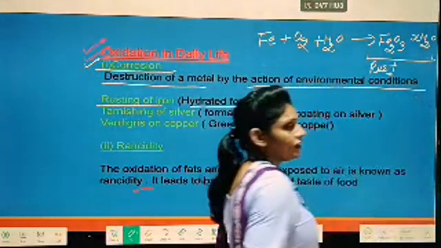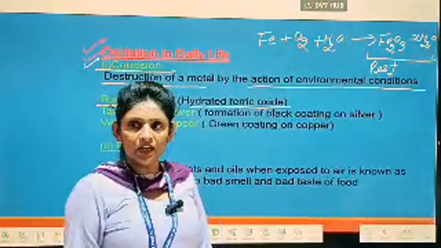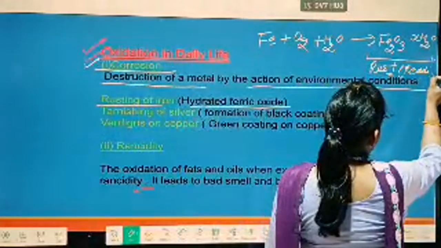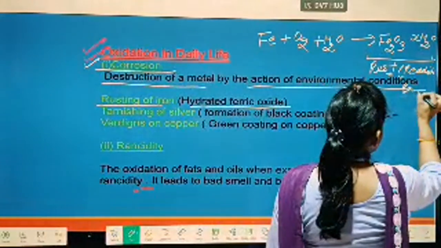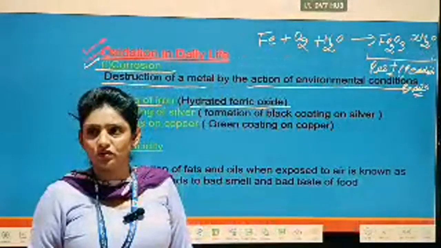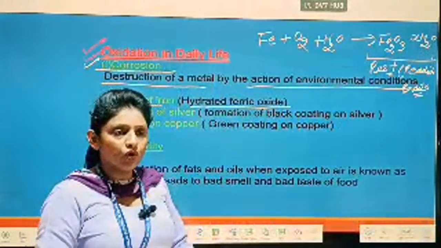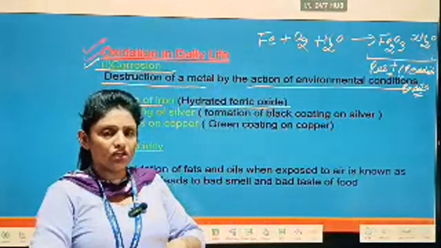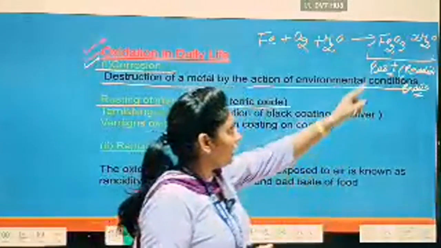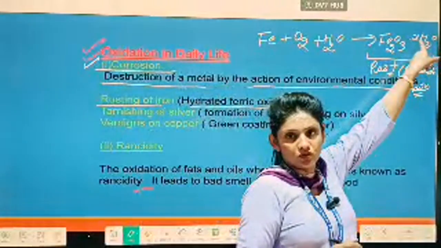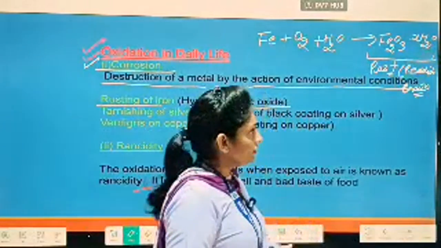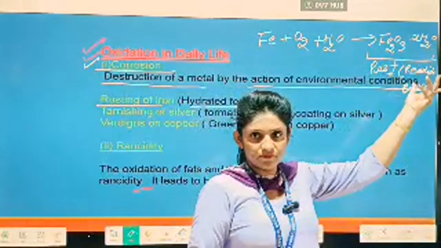This is the compound of reddish brown color. So students, लोहे पर आपने देखा है कि जो रेडिश ब्राउन कलर की जो लेयर होती है, उसका फॉर्मूला क्या है? Fe2O3.xH2O. दिस इज द रस्ट. क्लियर और नॉट?